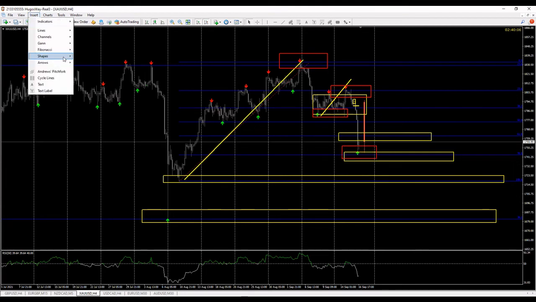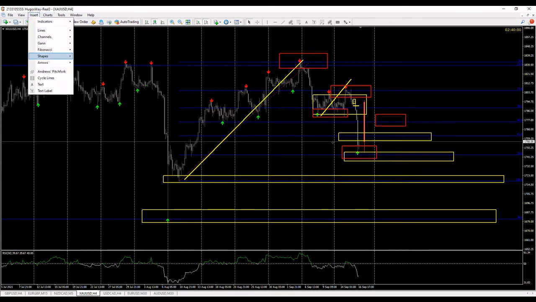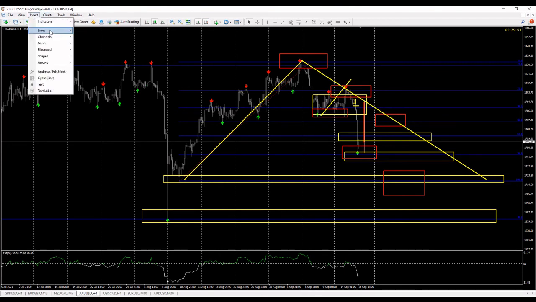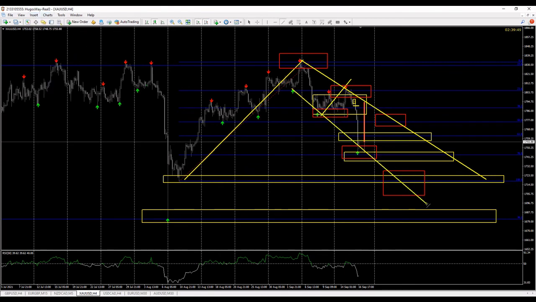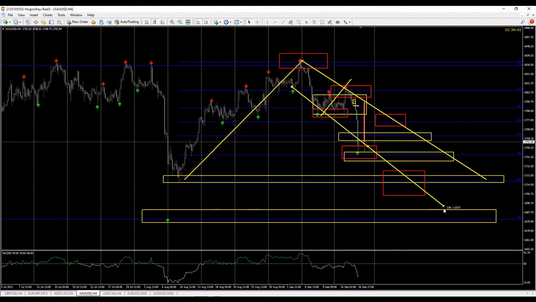Next move will be a lower high. Next move will be then a lower low. And then you can see how the trend is formed. So once you confidently have analyzed the market and know which direction it's going, in order for the market to move, it has to trend.